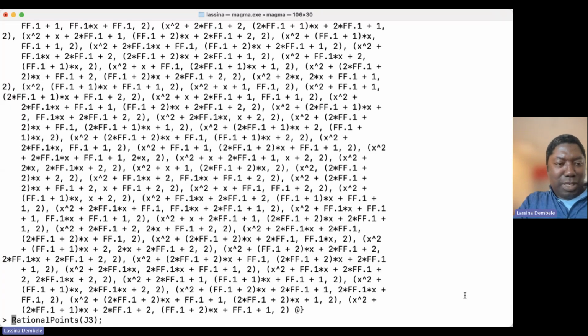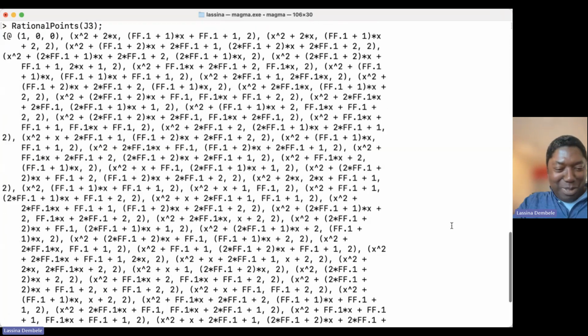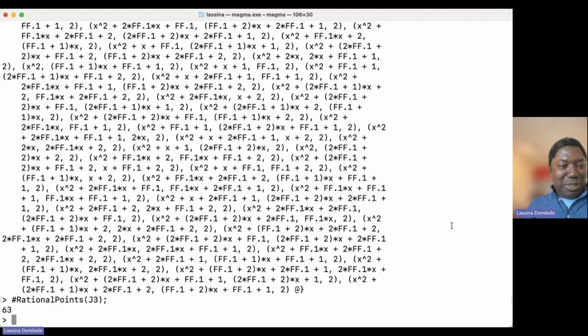Oops, okay, so it does work. We just created the set of rational points on this Jacobian, and you get 63 points on the Jacobian. Okay, so that's starting to get pretty big. So you see there are a lot of things you can do.